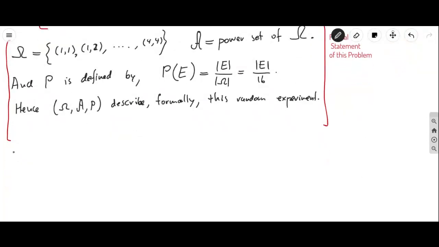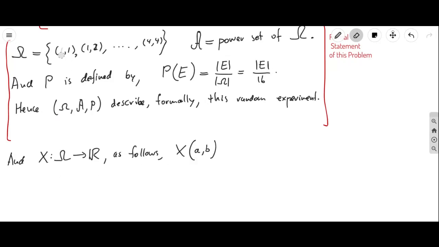And X is the random variable that maps everything to the real line as follows. It takes a sample point, which is described by two integers, a and b, because everything in the sample space is a pair of two integers between 1 and 4. If you want to be a little more rigorous, you should say X gets evaluated at this sample point.